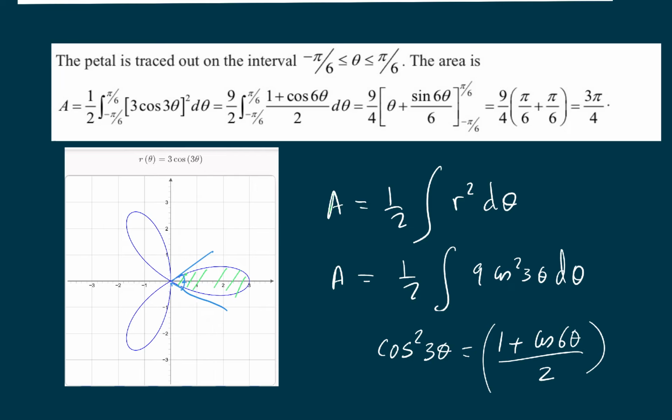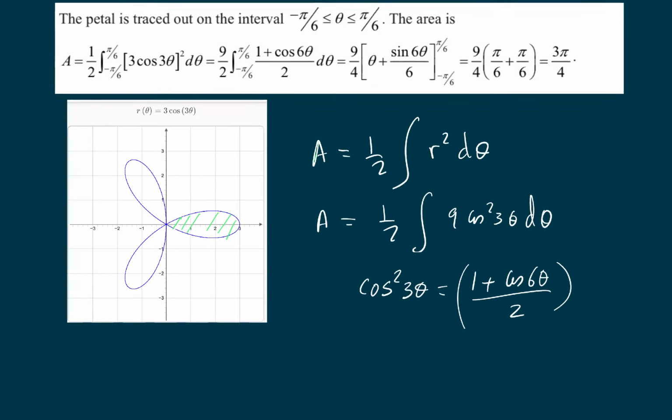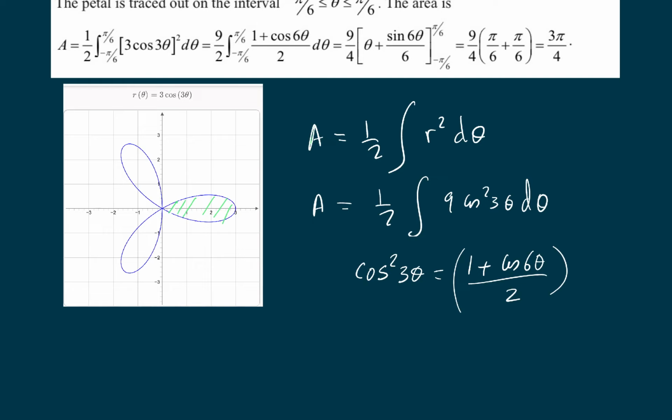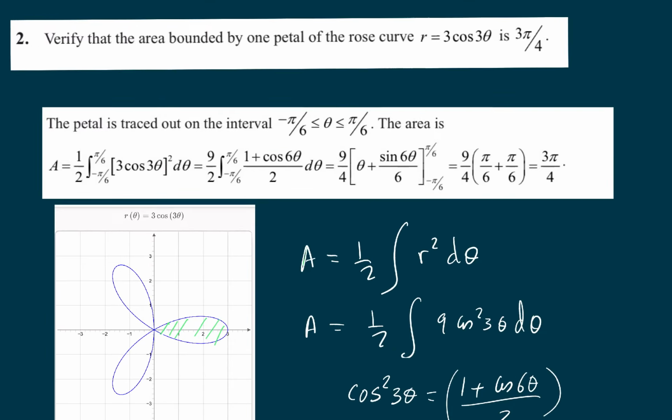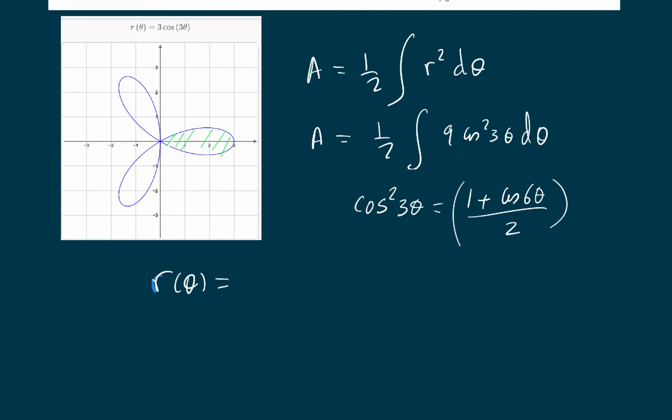But how can I be sure that these angles are the correct angles? So we'll do it like this. We say when r is equal to 0, the r of theta that I have, r of theta equals 3 cosine of 3 theta.